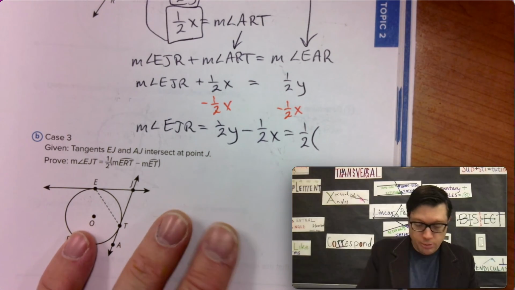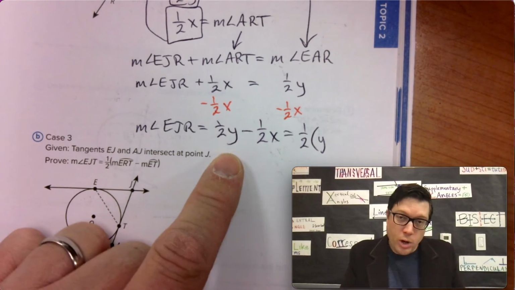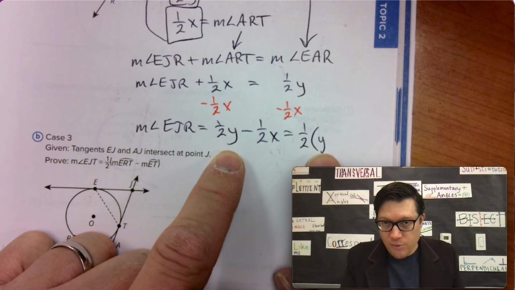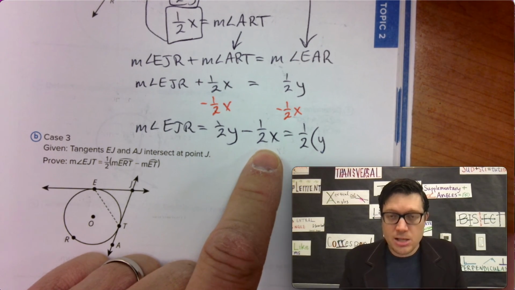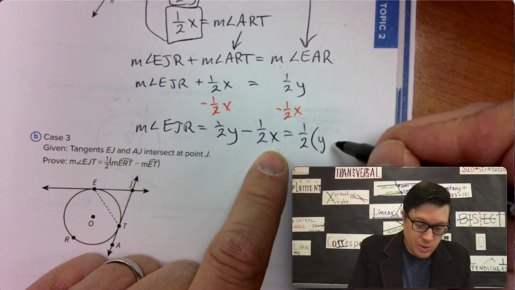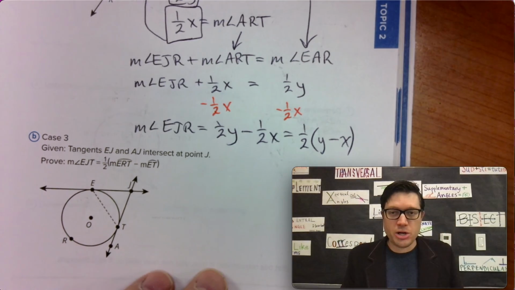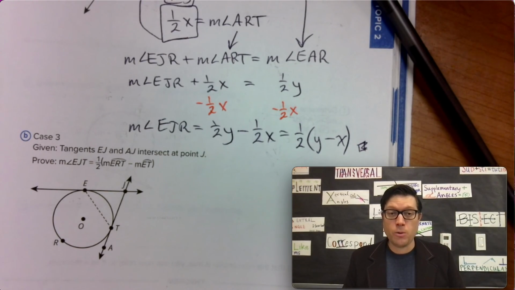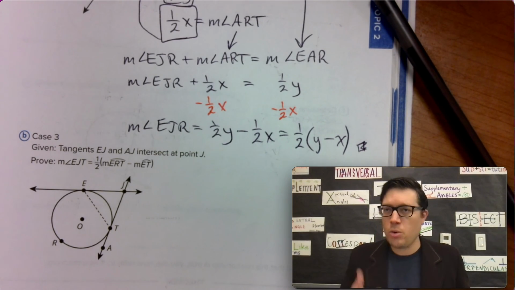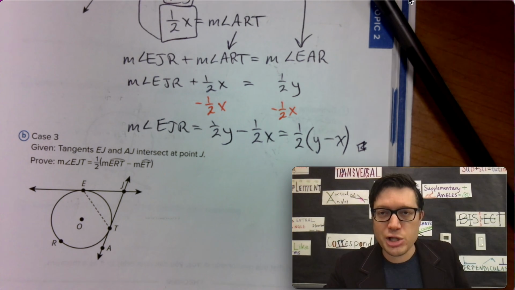Put it outside the parentheses, and if you take 1/2 away from 1/2 Y, you have just a Y value. If you take 1/2 away from 1/2 X, you have a solitary X. There it is. That's the proof. Boom. We're going to do case 3 in the next video. Thank you for watching this one. Catch you on the flippity flop.